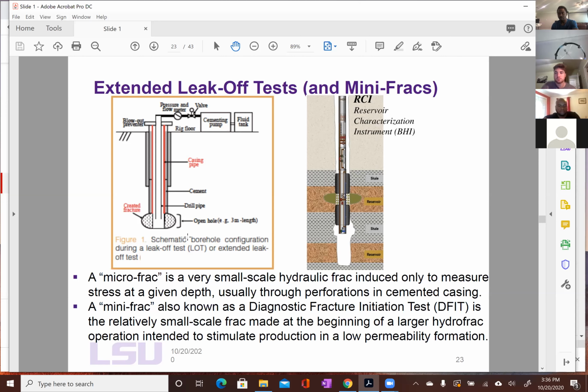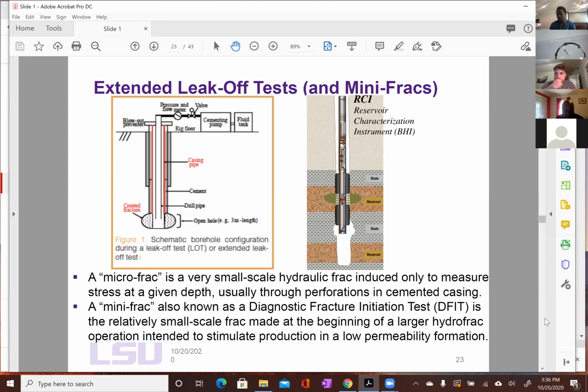The formation is not showing any leak. You also do that actually to test the integrity of the casing and cement to be sure that your fluid isn't leaking into some shallower depth, right? And that could lead to environmental issues. It could lead to contamination of aquifers, freshwater aquifers.